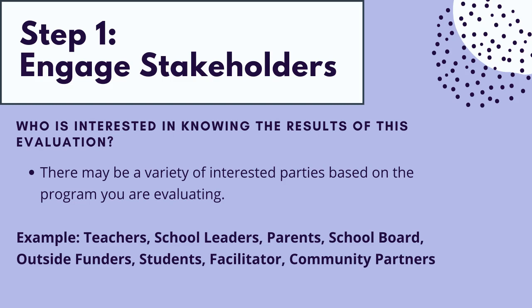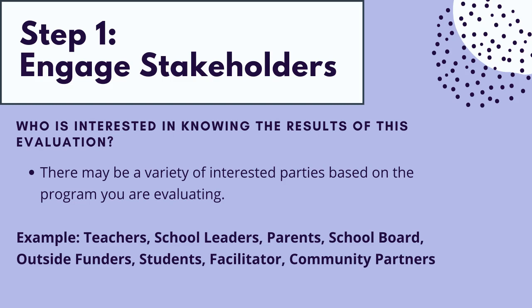Outside funders, so sometimes grant money is used, or there are different people that have different donations that are made, and there might be certain initiatives that they put money towards. So an outside funder might be a stakeholder that is important to note here. The students themselves, right?